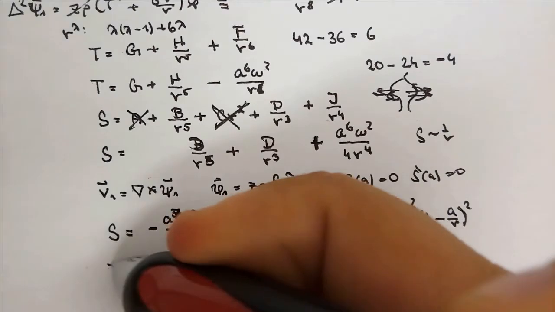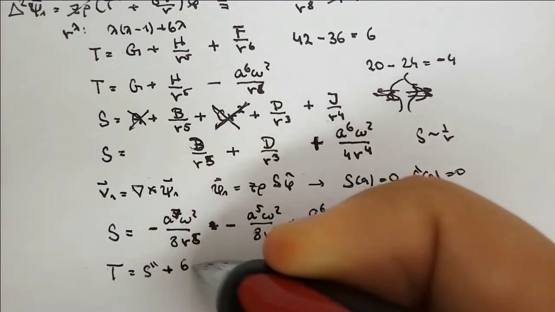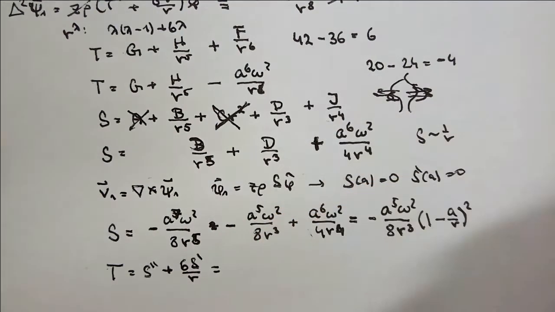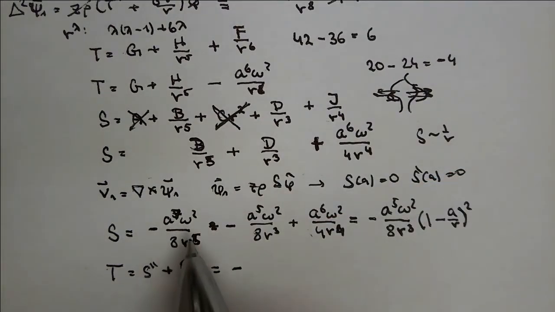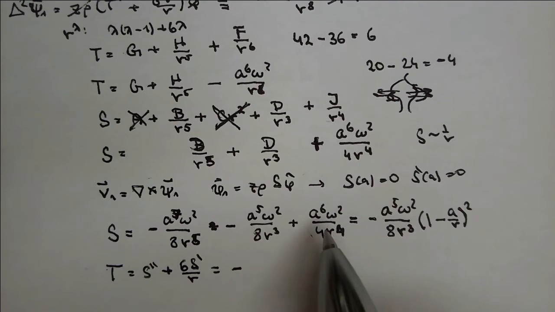And you can compute T from this, because T was defined as the second derivative plus 6 times S derivative, and you can do this again yourself. This will vanish because it's a solution of the homogeneous equation, so there should be only terms with r to the fifth power and r to the sixth power, 2 more powers.